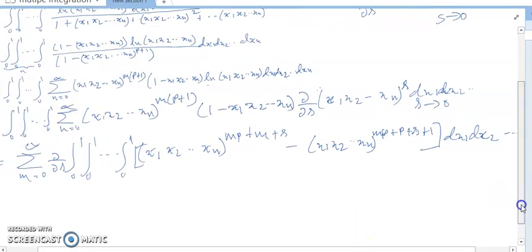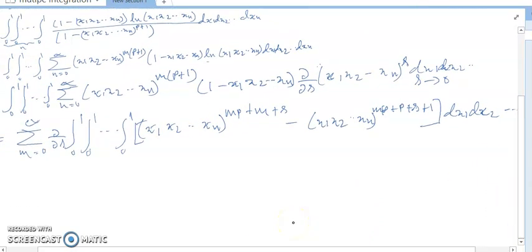Now again this equation can be written this way: summation m equals 0 to infinity, del s at s equals 0.